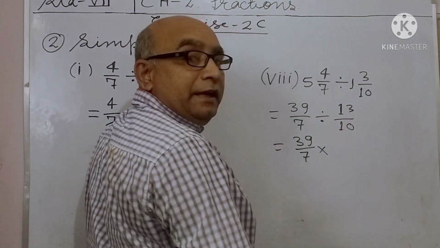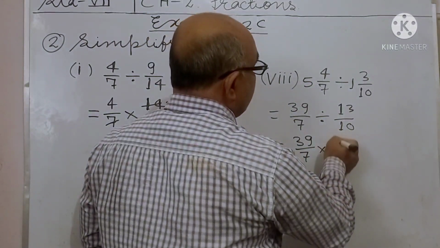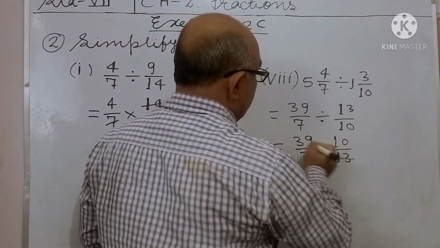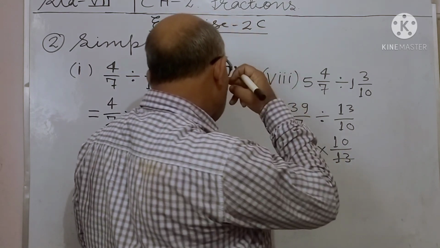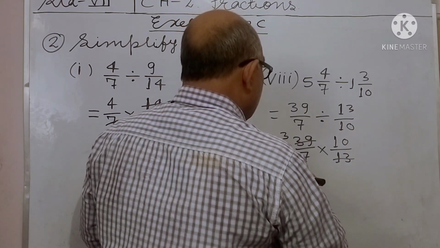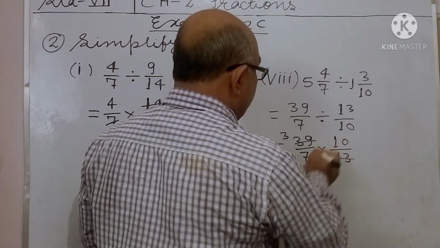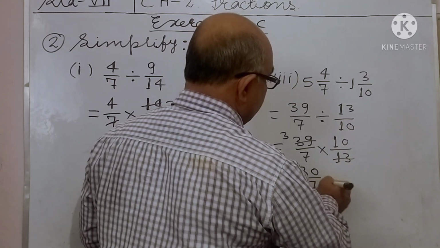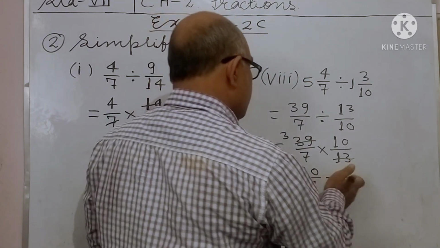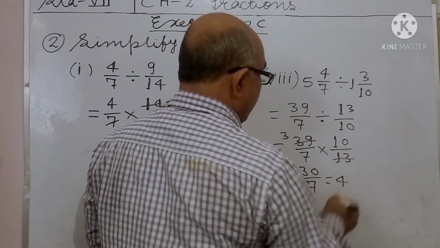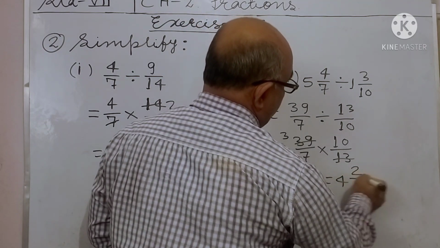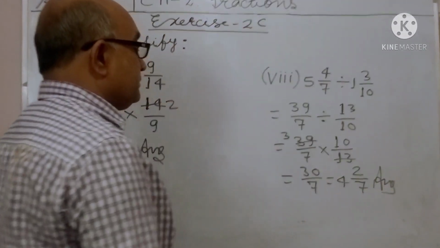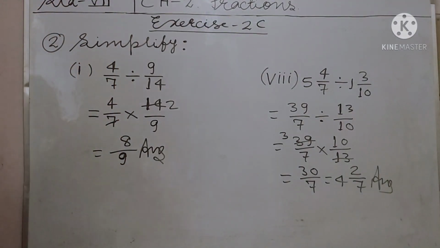Then 13 by 10 changes into 10 by 13. 13 times 3 is 39. Equal to 3 times 10 is 30 by 7, equal to 4 whole 2 by 7. Answer of this question. Students, understand and write it.